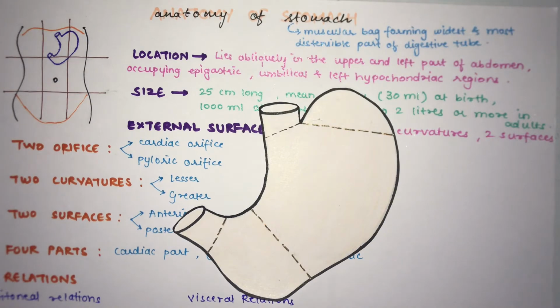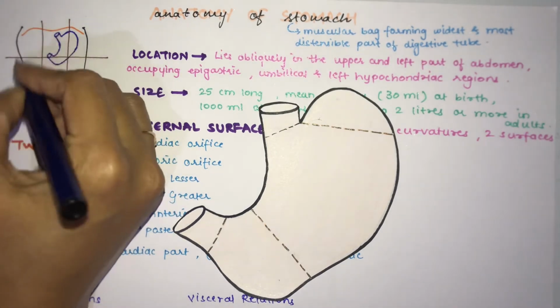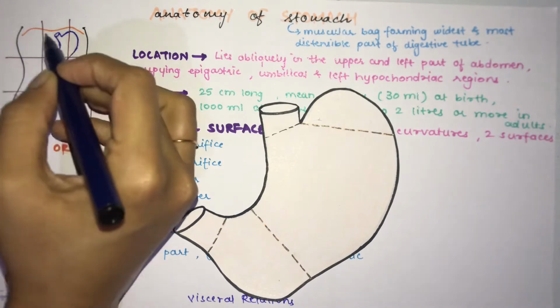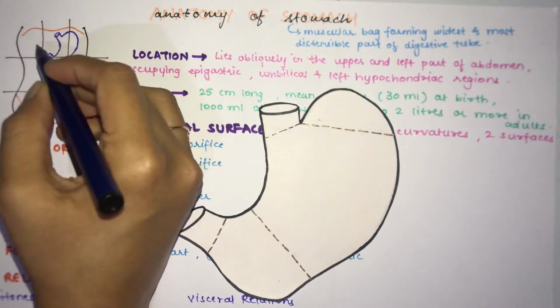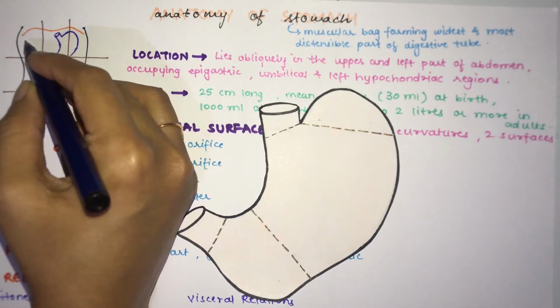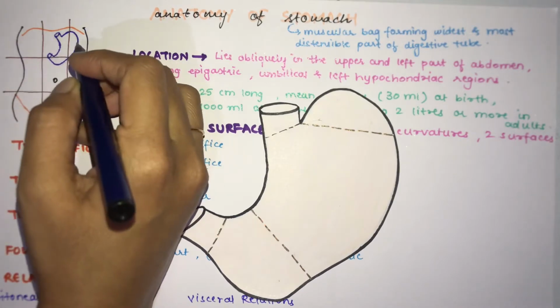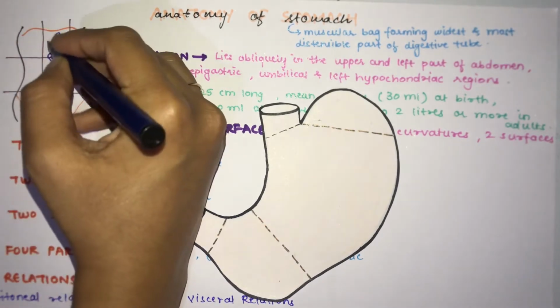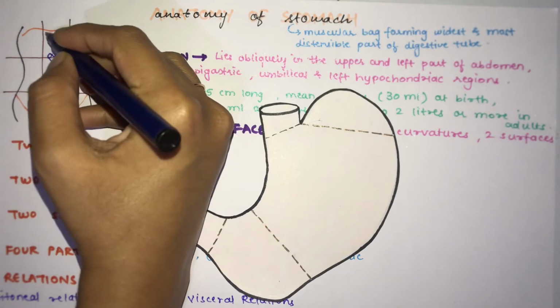Now where exactly is the stomach located? Before starting with the location of the stomach, first we are going to see the regions of the abdomen. Your abdomen is divided into 9 parts. The first part over here is the right hypochondrium. Over here is the left hypochondrium, and this middle portion is the epigastrium.